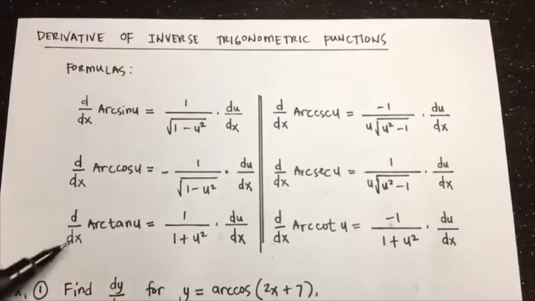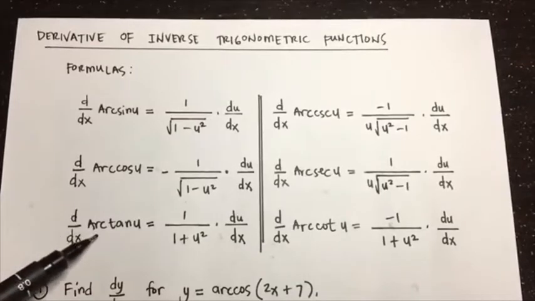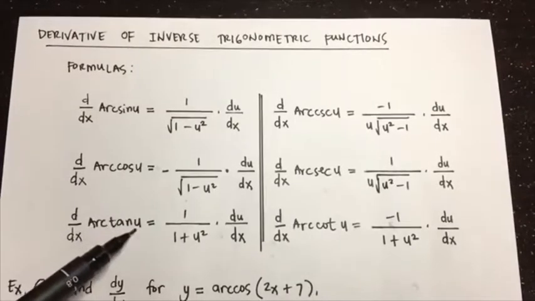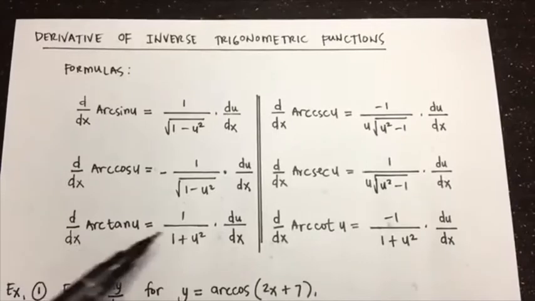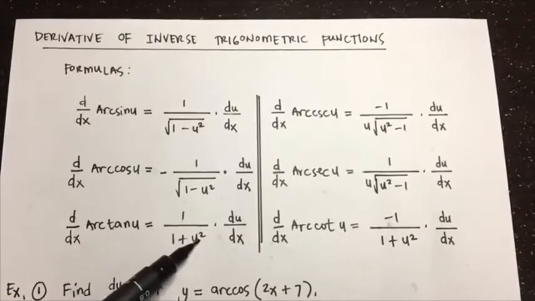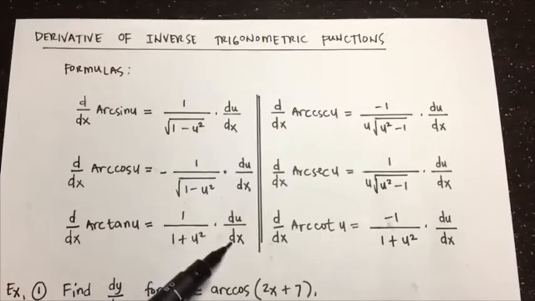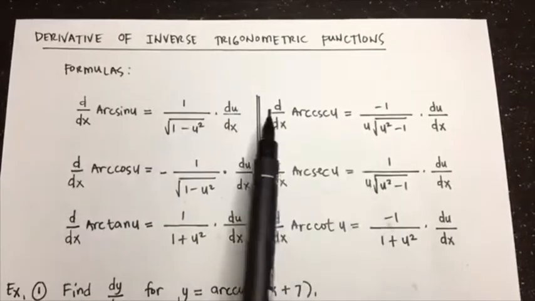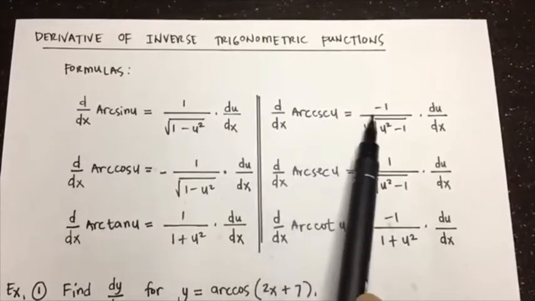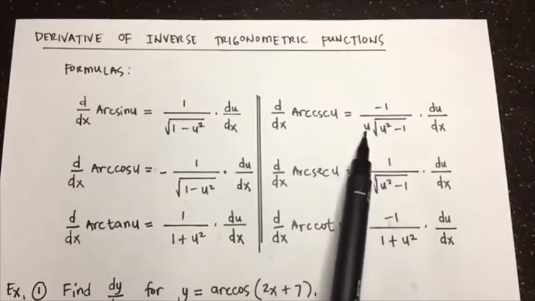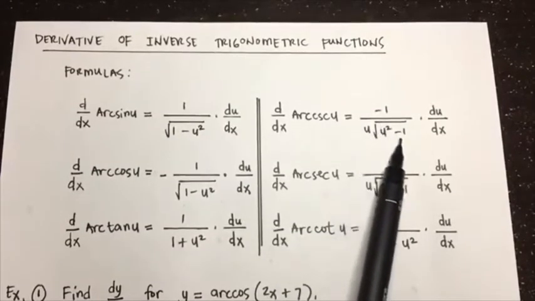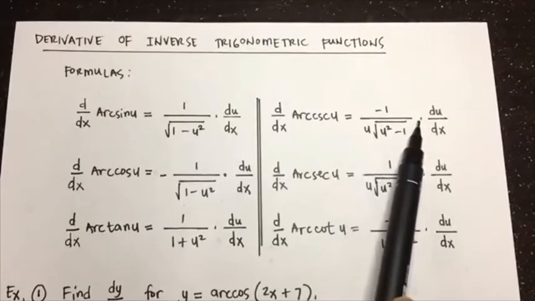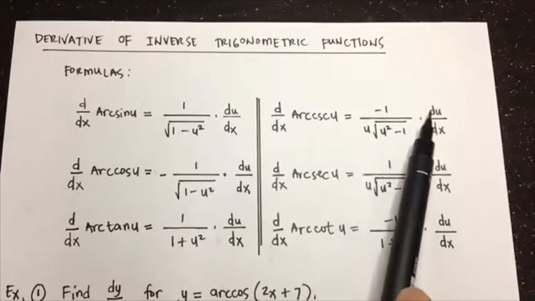For the derivative of arctan of u with respect to x, we have 1 over 1 plus u squared multiplied by du over dx. For arc cosecant, we have negative 1 over u square root of u squared minus 1, multiplied again by du over dx.